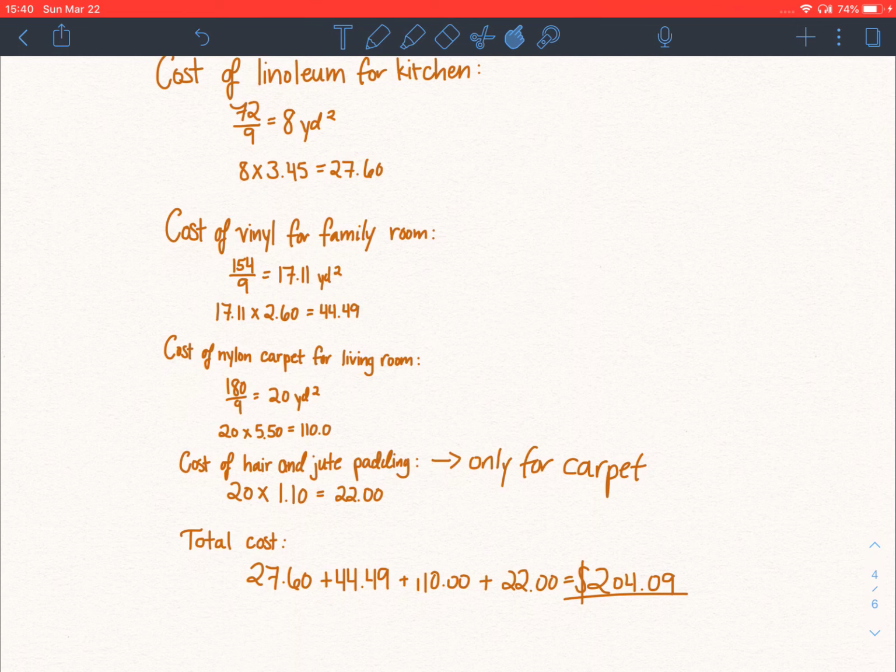You don't need to put padding for linoleum or hardwood or anything. It's just for carpet. And so you'll take the same 20 yards and multiply it by $1.10 to get $22, which would be the cost for the padding. And in order to figure out the total cost to redo the flooring of your downstairs in this particular family's house, you're going to take all of the totals and add them together to create $204.09.